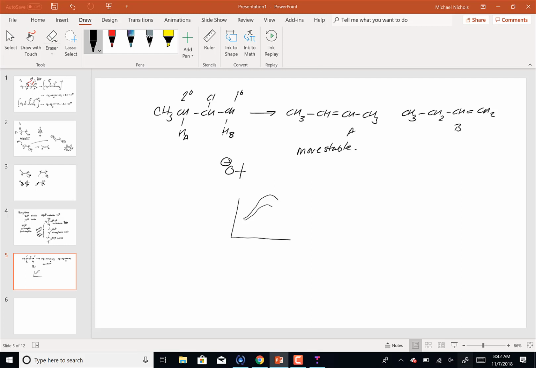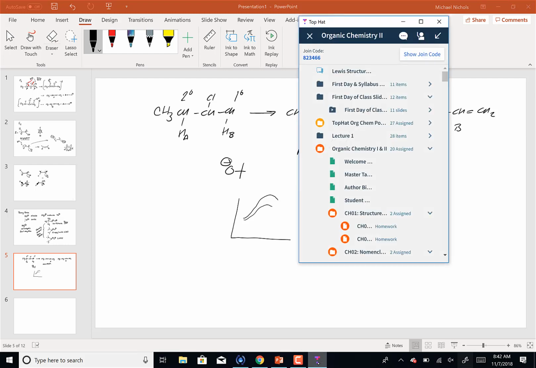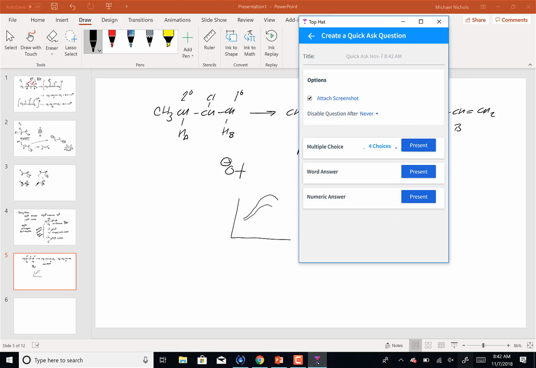Which transition state's going to have the lower energy? The Tert-Butoxide removing the primary hydrogen or the Tert-Butoxide removing the secondary hydrogen? Which one's going to require less energy? Let's throw that out as a question.